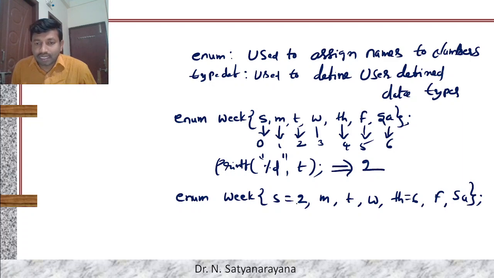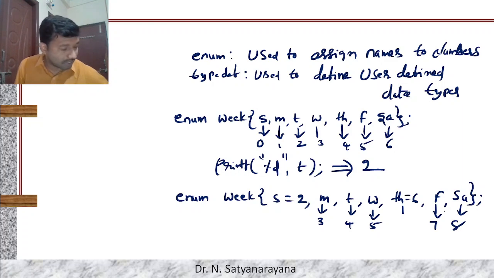Whenever you don't assign the values, by default they start from zero, but if you externally supply the values for the enum variables, then to get the m value, you will see the previous variable's value. If it is 2, this will be 3, this will be 4, and this will be 5, and this is already assigned 6. Now this is assigned 6, so f will be 7, and this will be 8. So that's what the question is.